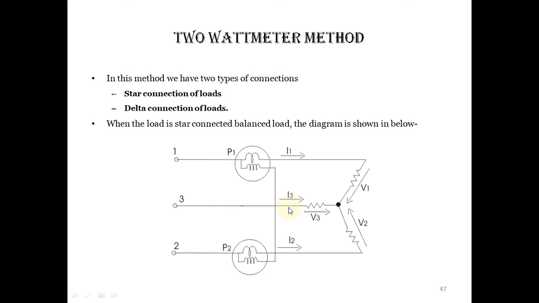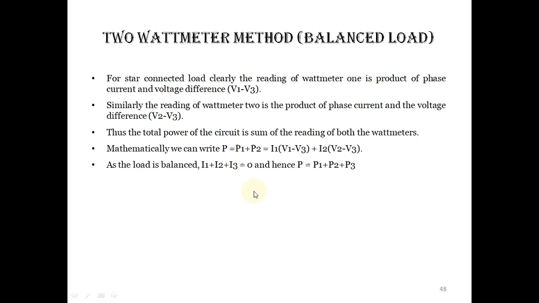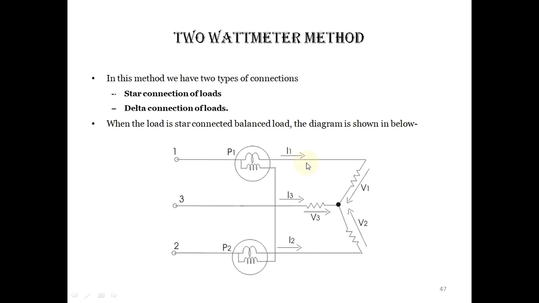This one is V3, this one is V1. If you apply KVL over here, you will get the voltage across 1 to 3, that is V1 minus V3. So that's why P1 reads V1 minus V3 and I1 and cosine of the angle between them. Similarly, P2 reads V2 minus V3 into I2 into cosine of the angle between them.